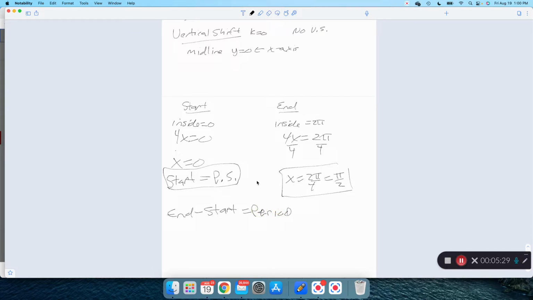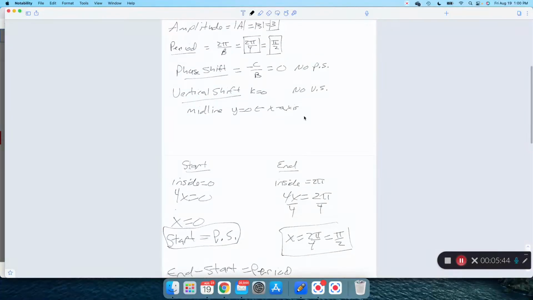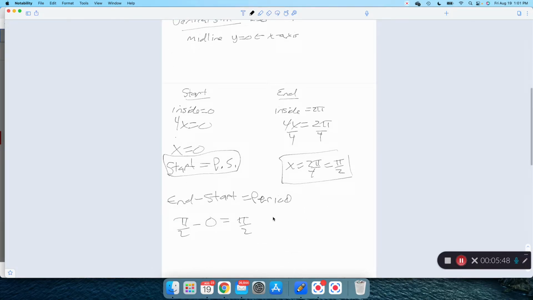Because that's what this is. This is a new period. So we should always check that. End minus start. Pi over 2 minus 0 is just pi over 2. Is that the same thing I got for period? It is. Pi over 2. So check.